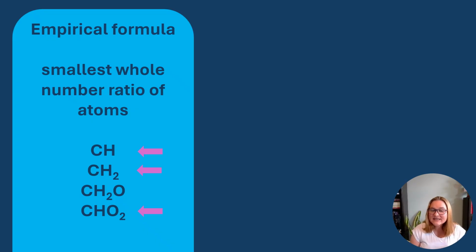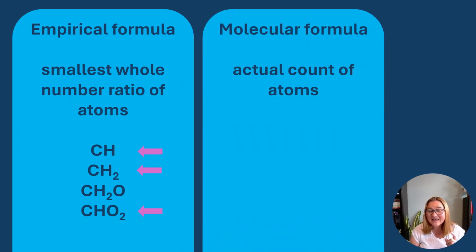Now, often the actual atom count will be given by the molecular formula and not by that empirical formula. Atoms in both the empirical and molecular formulas will be present in the same ratio, but the molecular formula will be some whole number multiple of that empirical formula. Now take the empirical formula CH2O, for instance.